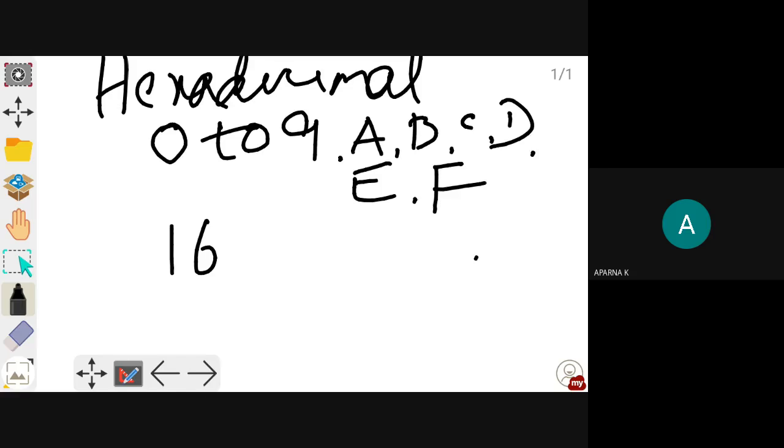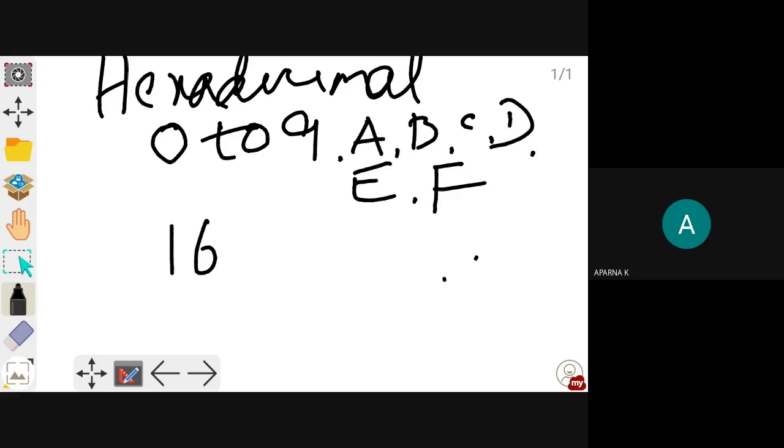The hexadecimal number system has base 16 and can have 0 to 9 and A to F, where A is 10, B is 11, C is 12, D is 13, E is 14 and F is 15. These are the number systems you are going to use, and you need to know the conversion among them.